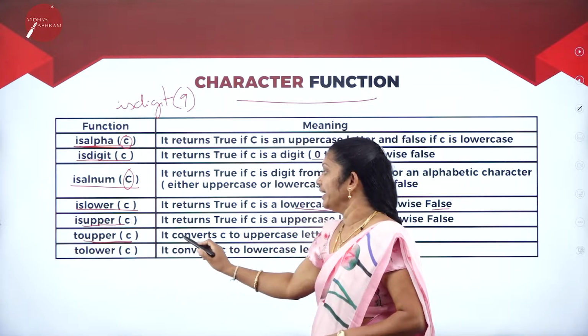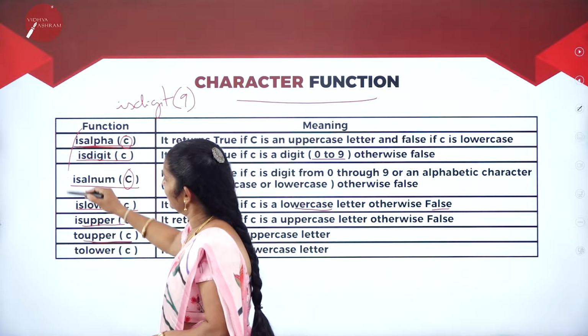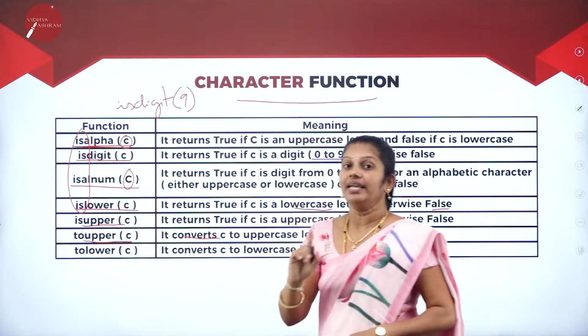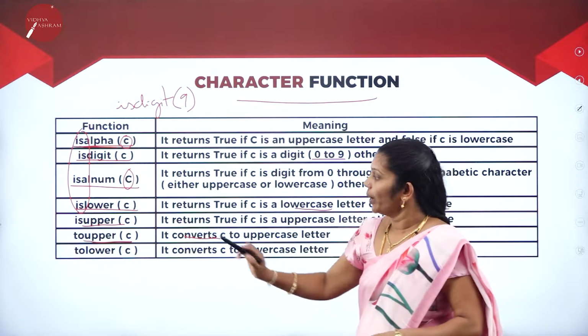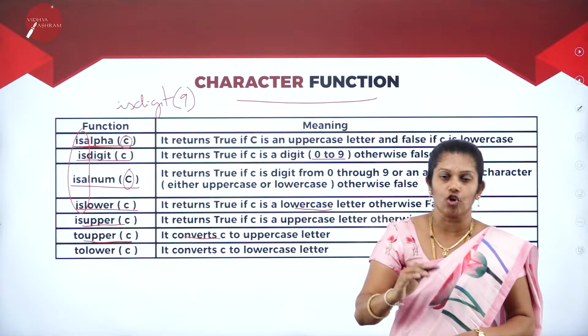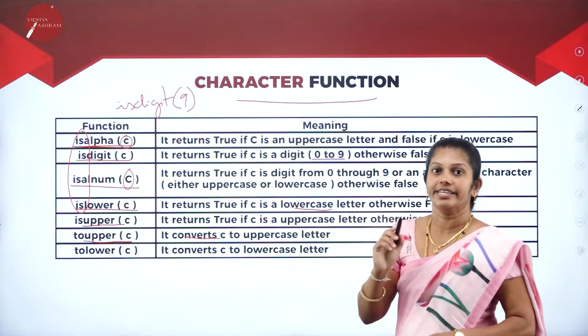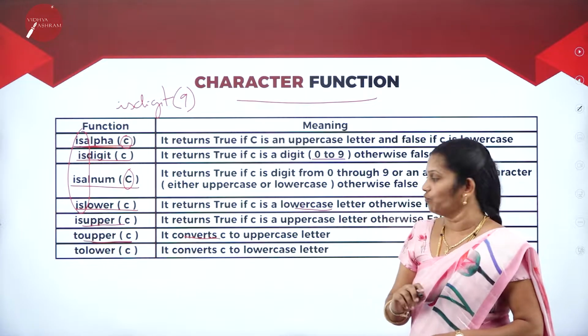If you have is in the beginning, then it checks whether it is so or not. If you have to, then it will convert from one format to another format. Toupper means here it will convert the given character to uppercase format.